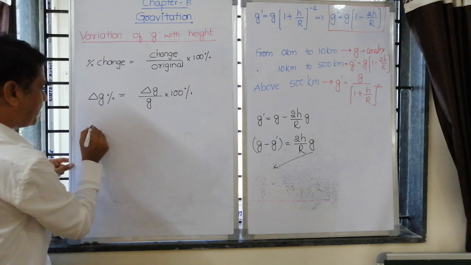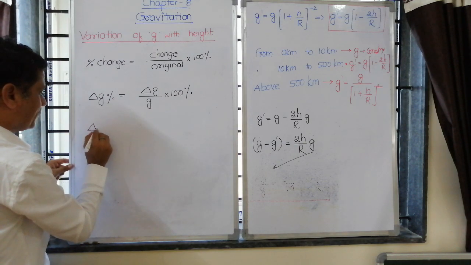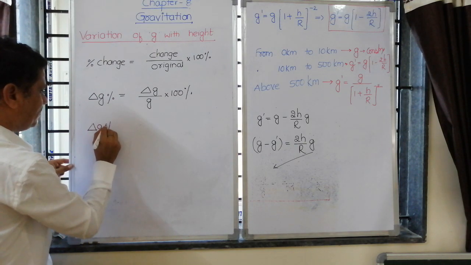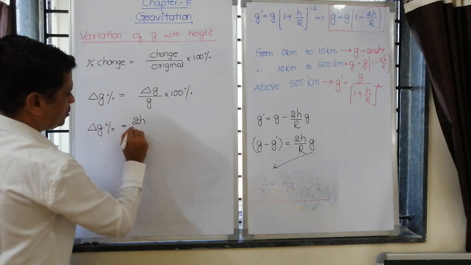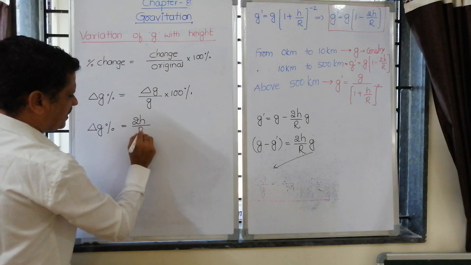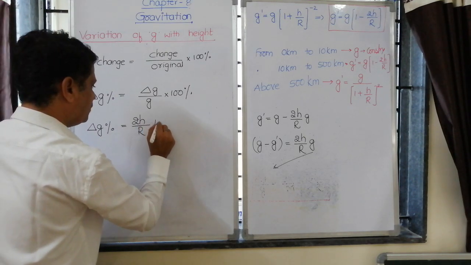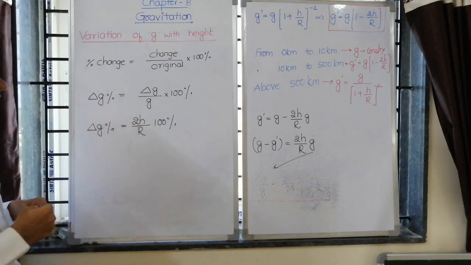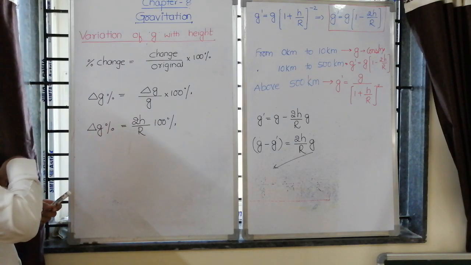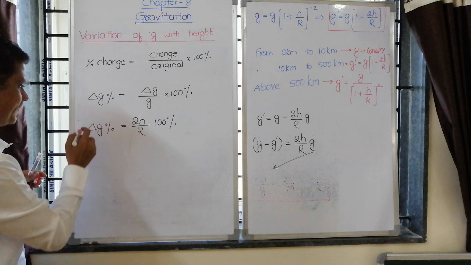So percentage change in G can be written as 2H by R into 100 will give you percentage change in G value.